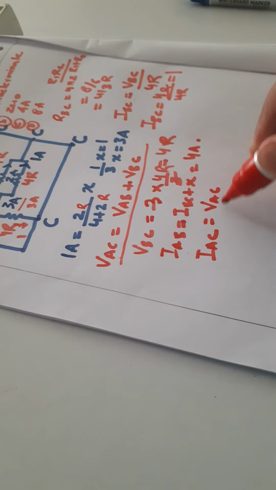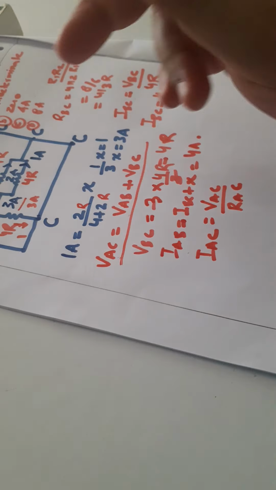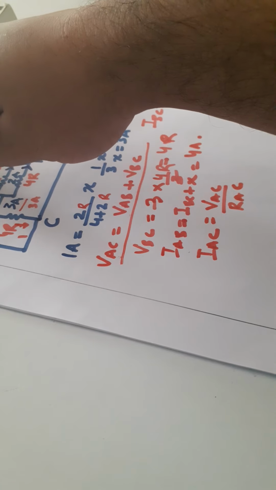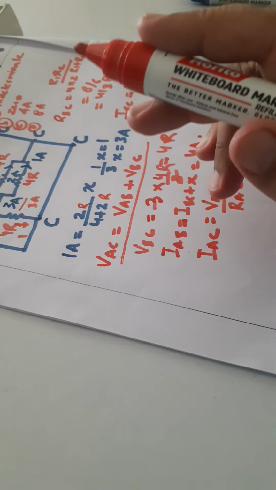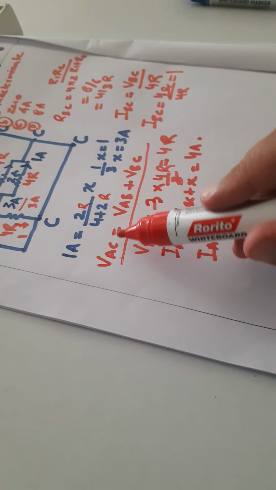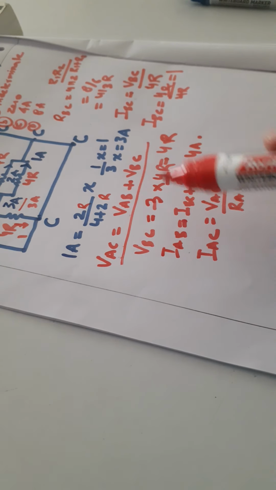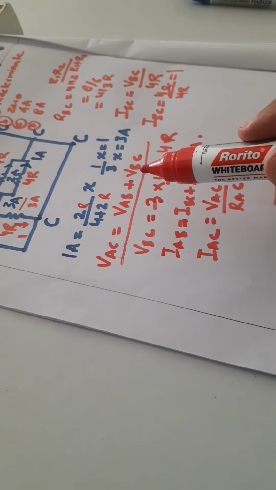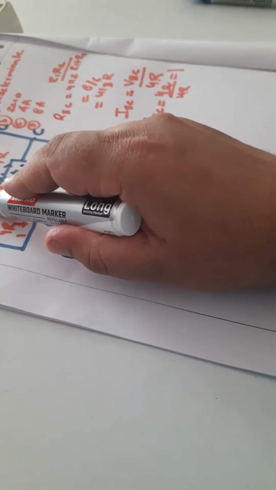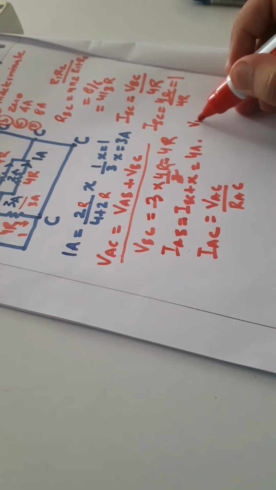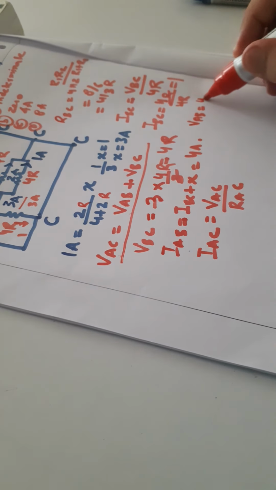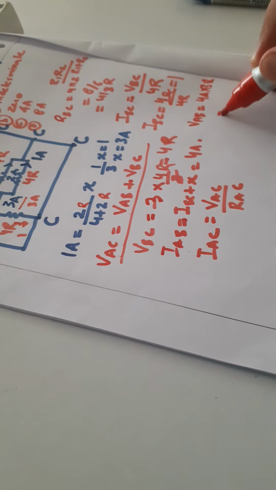IAC would be VAC by RAC. I have told you VAC is VAB plus VBC. VAB is how much? The voltage drop is 4 ampere into resistance 3R, so VAB is 12R.